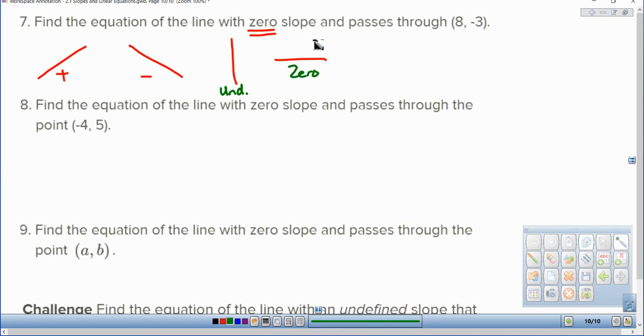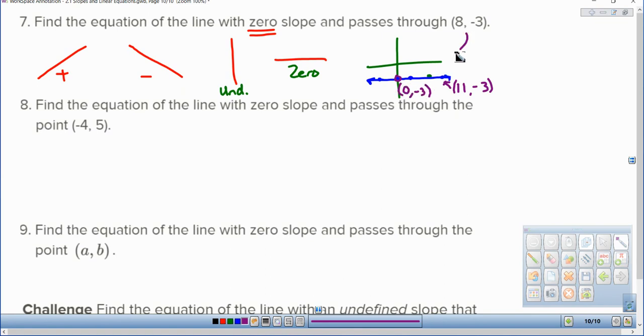That's a horizontal line. So if I had a graph and the point 8, negative 3 is like right here, and I was drawing a horizontal line through that point, what you're going to realize is that all of these ordered pairs have something in common. Like this ordered pair here would be 11, negative 3. And this one would be 0, negative 3.